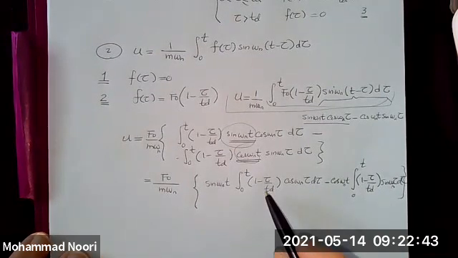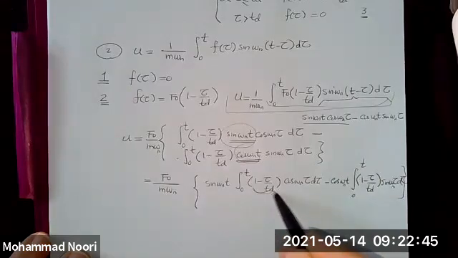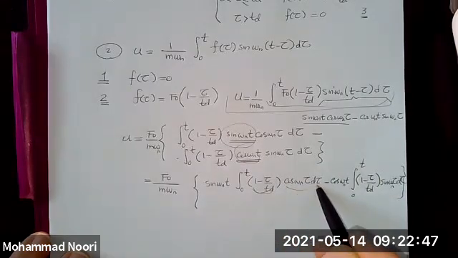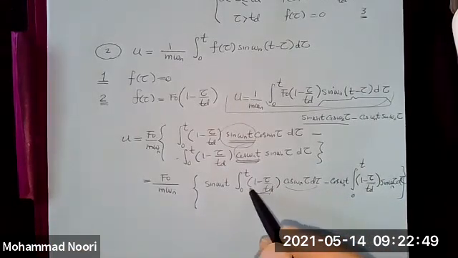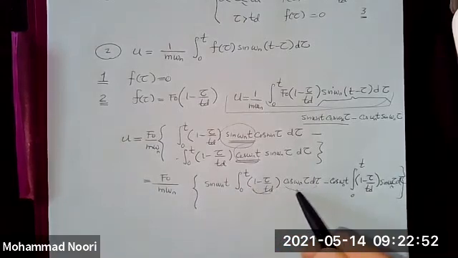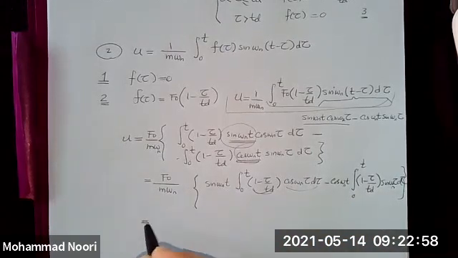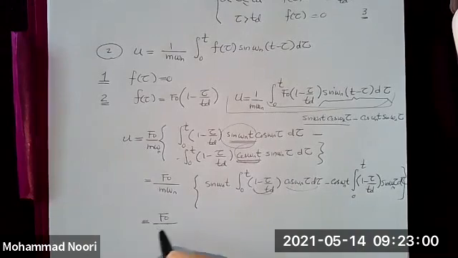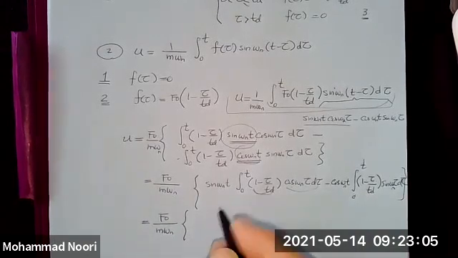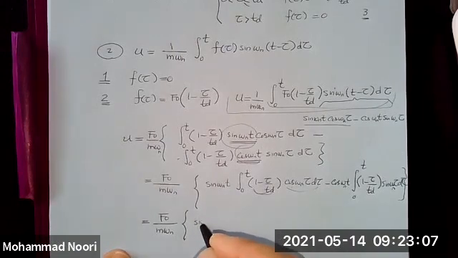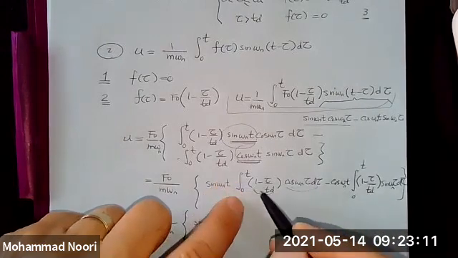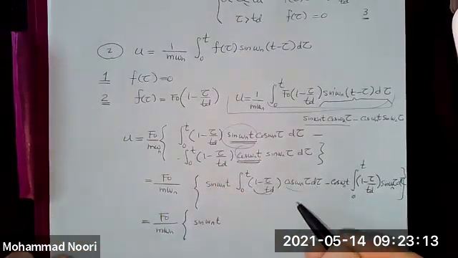Now, again, I have this function of tau times this function of tau, so I should expand this in order to do the integration. I can further simplify this: sine omega n t times 1 times that, minus tau times that. So you have two integrals.